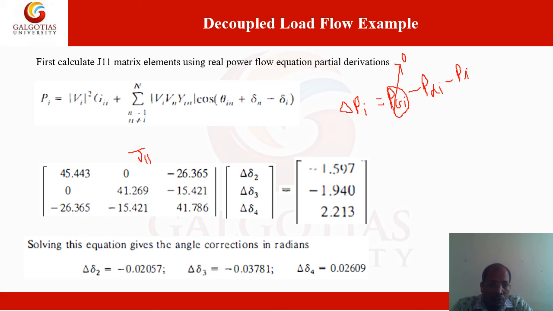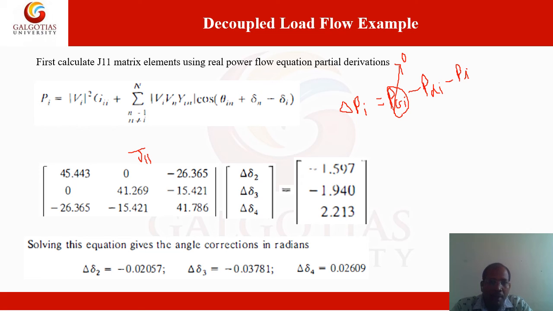The same process we can apply for the active power injection at bus number 3, that is P3. We put i equal to 3, differentiate and put in all the values. Here also we put i equal to 4 and differentiate P4 with respect to del 2, del 3 and del 4.